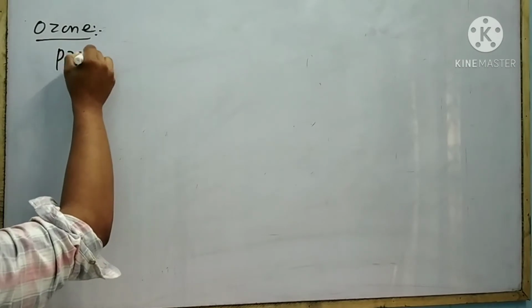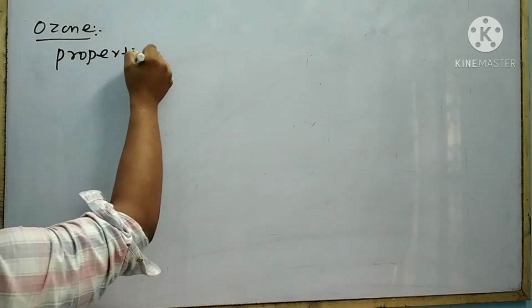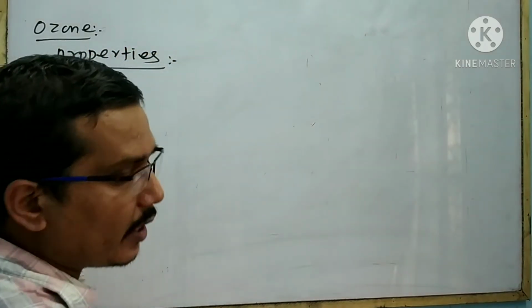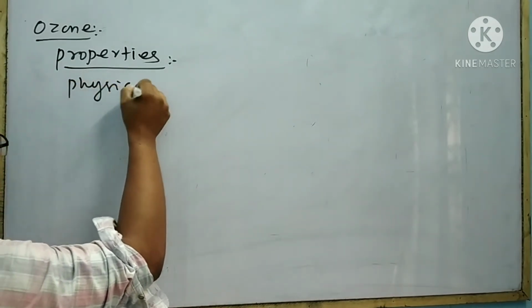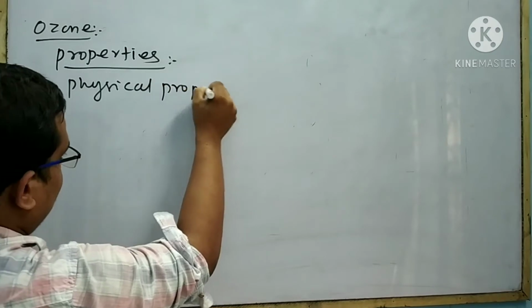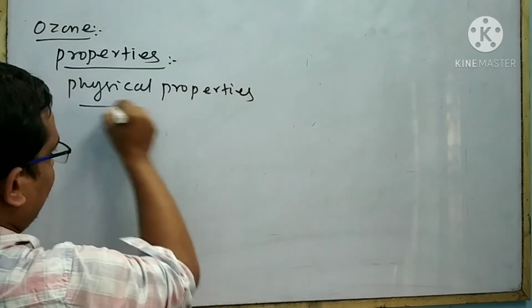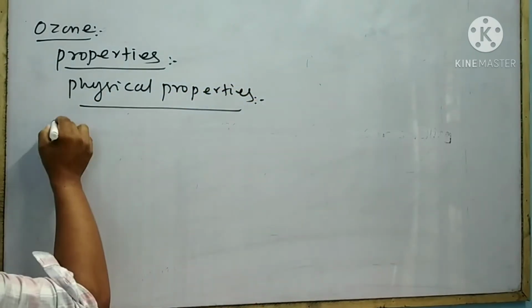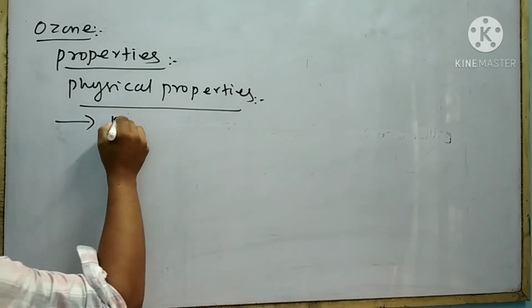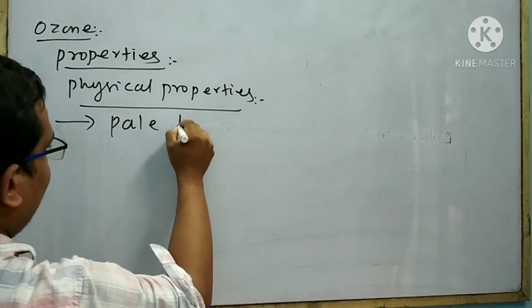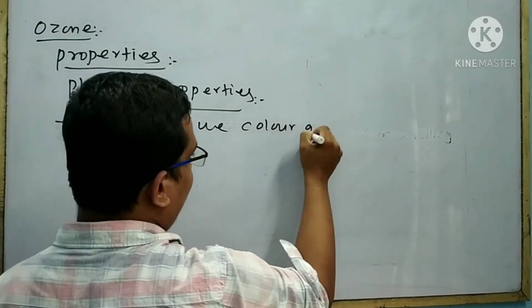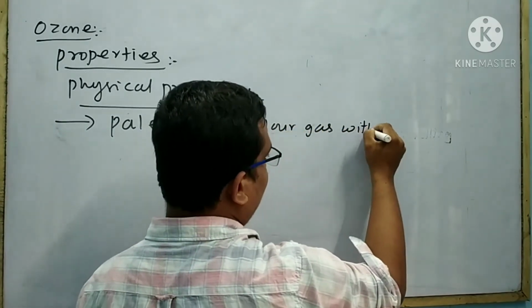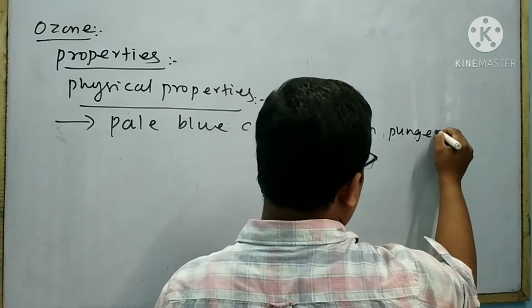Next I will discuss the properties of ozone. At first I will discuss the physical properties of ozone. First point is ozone is a pale blue color gas with a pungent smell.